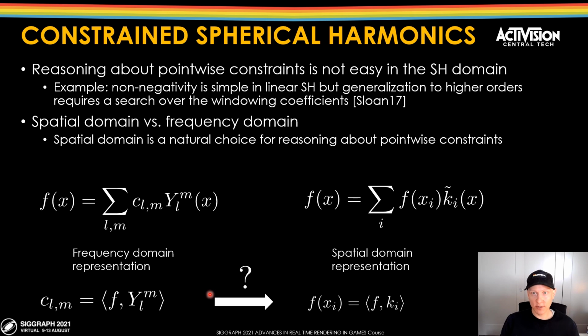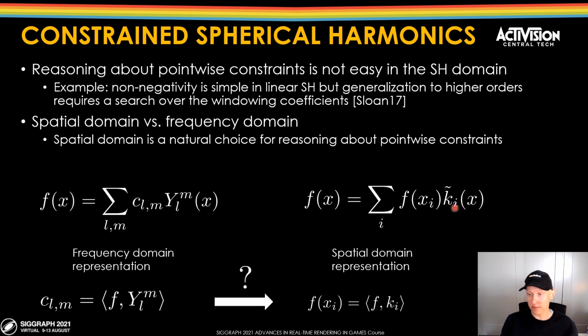Now, a natural question to ask at this point is that we have this relationship between the coefficients, the basis functions, and the inner product in the case of the frequency domain representation. Is there a similar relationship between the coefficients, which in this case are just the target function values at a fixed set of points xi, and the inner product with respect to the basis functions ki?